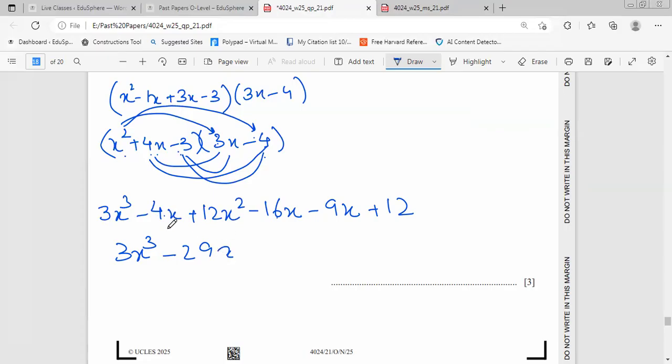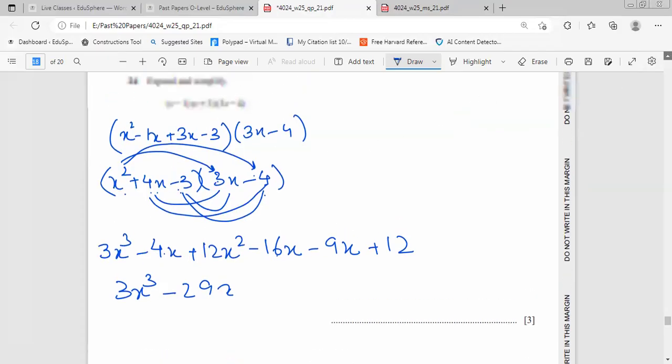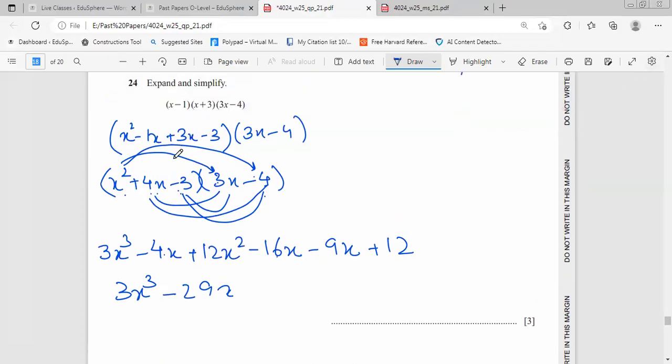Sorry, this was x squared. I mistakenly, I think this was x squared. Let me just check quickly. When I multiplied, I get 3x squared. 4x with 3x is 12x squared. 4x with 4 is 16x. And of course, minus 4x squared.